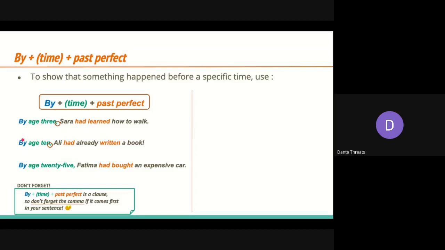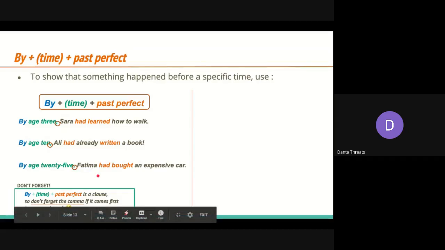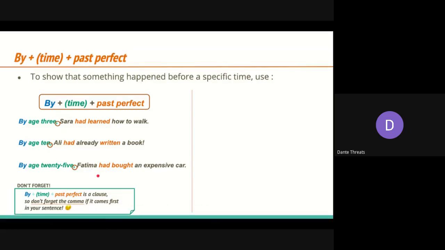Same here. By age 10 is a dependent clause, so it deserves a comma. And same here. By age 25, comma, Fatima had bought an expensive car.